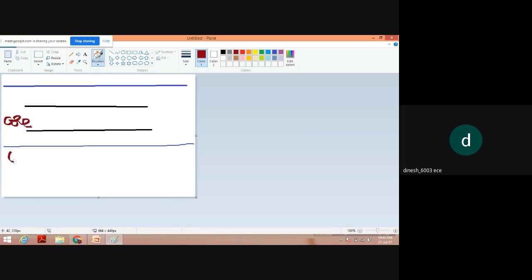This is your cladding, as we had seen in the mode theory, core and cladding. So we are going to draw references. The red is the reference. Now I choose TE.